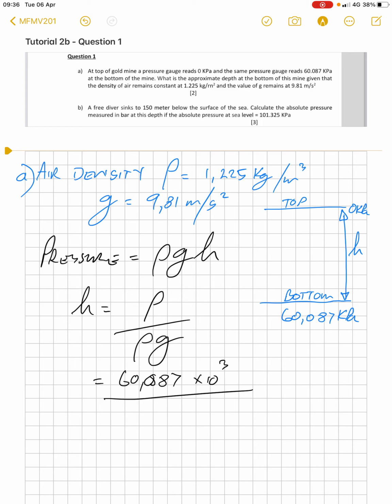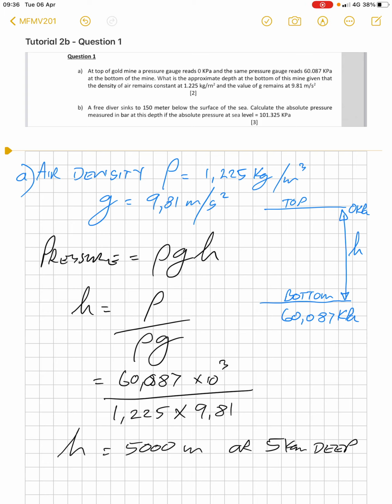We divide that by rho for air, which is 1.225, and times by 9.81. So that gives us a height of 5,000 meters, or 5 kilometers deep. Quite a deep mine.